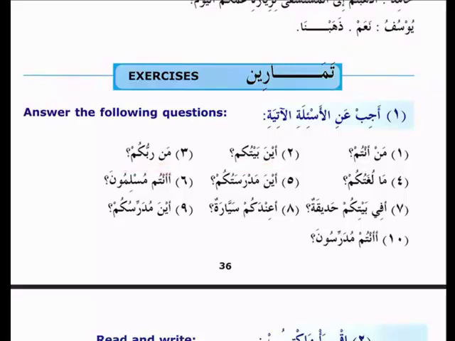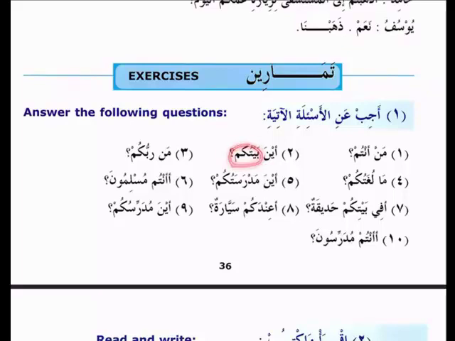But all the questions, if you see here, they're asking you in the form of plural. Man antum, who are you all? So how will you say the sentence? If you have to say we are Muslims, how will you say it? You will start with nahnu, isn't it? Nahnu muslimuna. Okay, we are Muslims. Aina baitukum. Imagine this question is posed to you and your brothers or sisters.